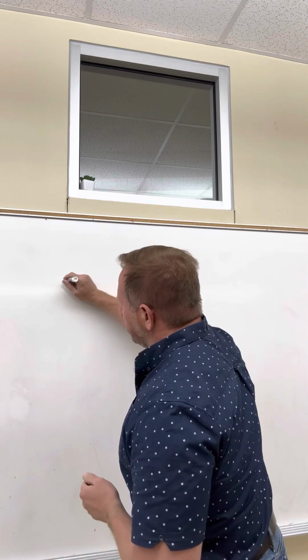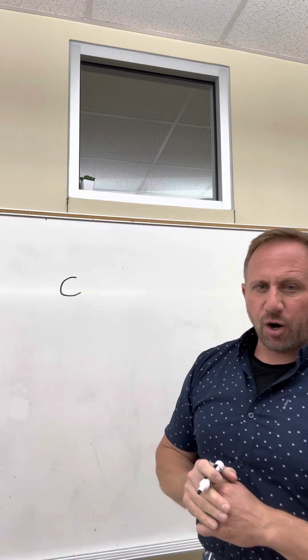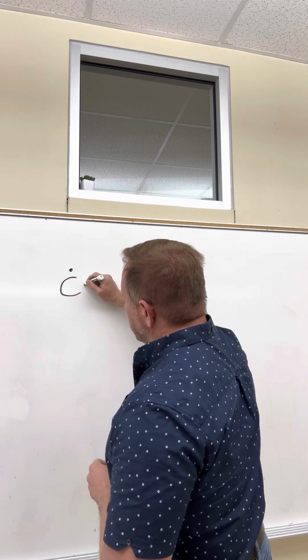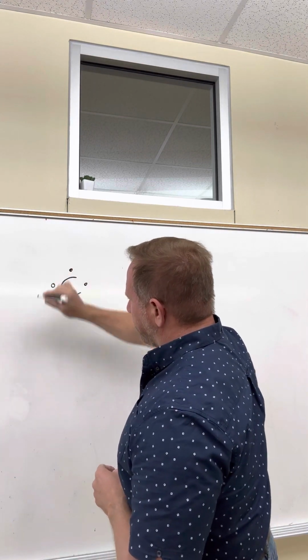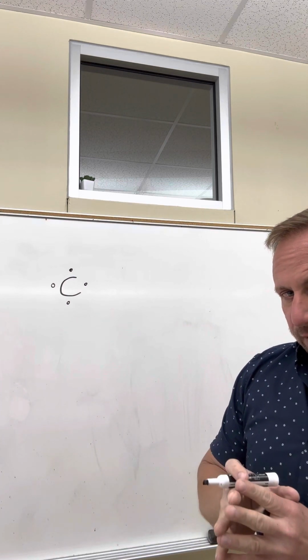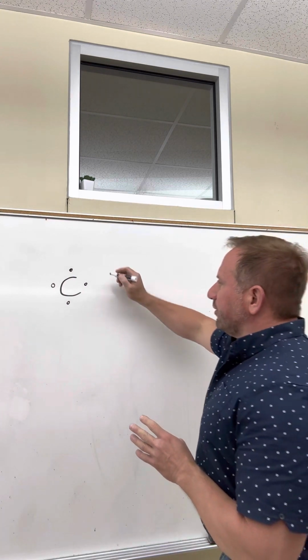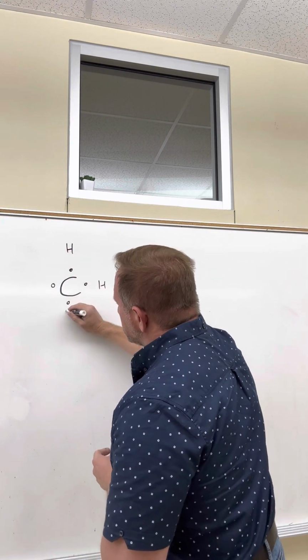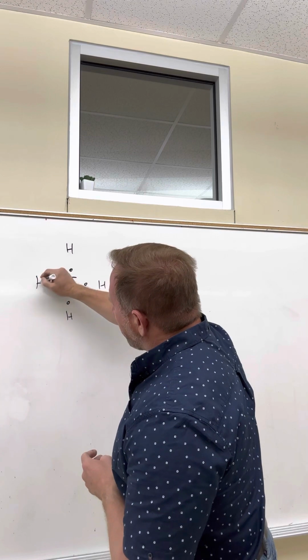I've got a carbon. That carbon right there, we've got 4 valence electrons: 1, 2, 3, 4 valence electrons. And now we're going to have ourselves, let's say, 4 hydrogens: 1, 2, 3, 4.